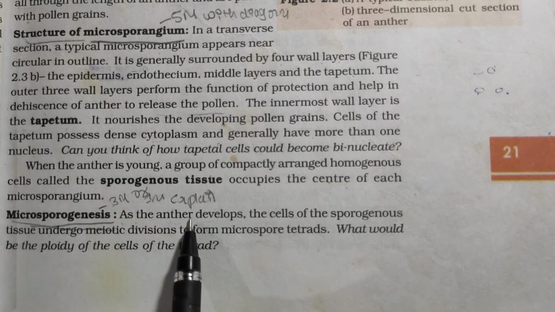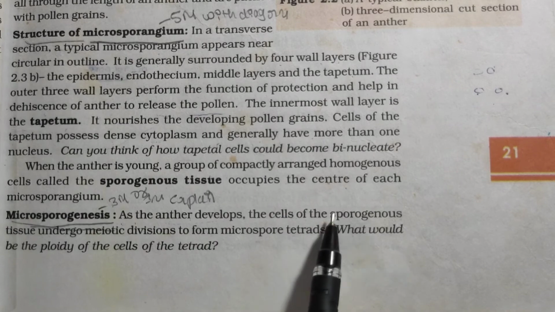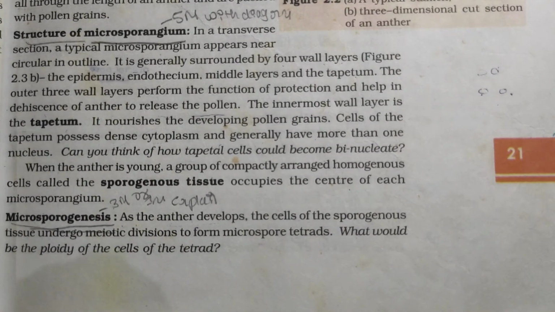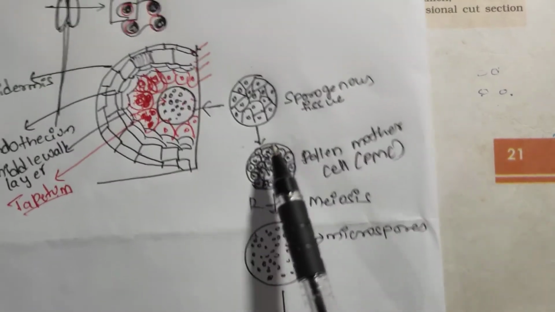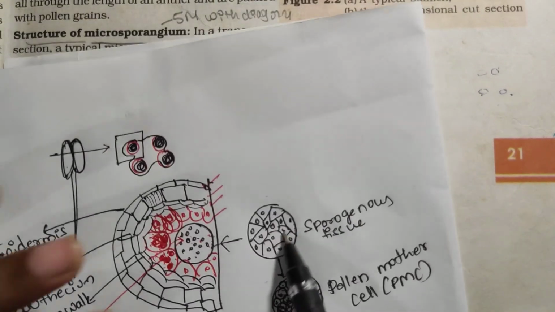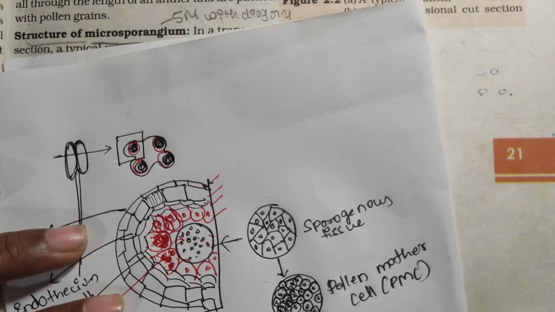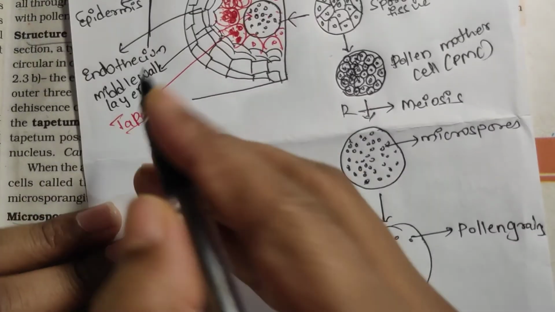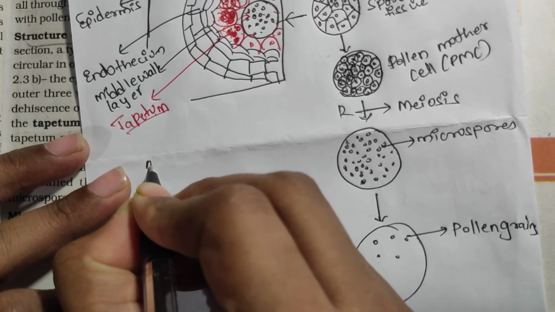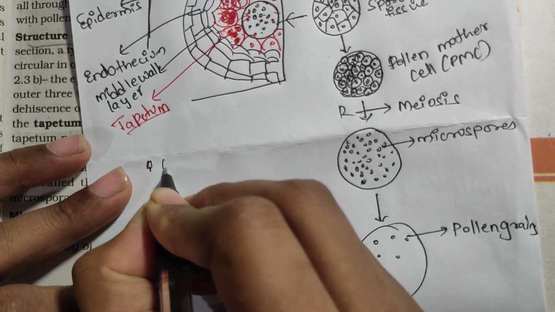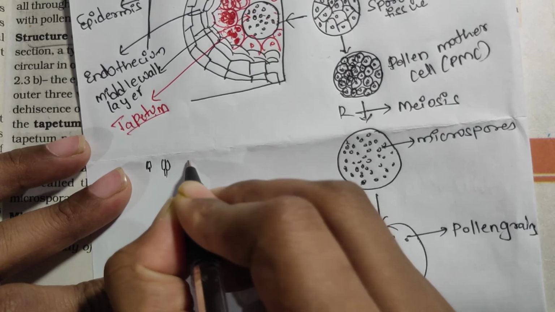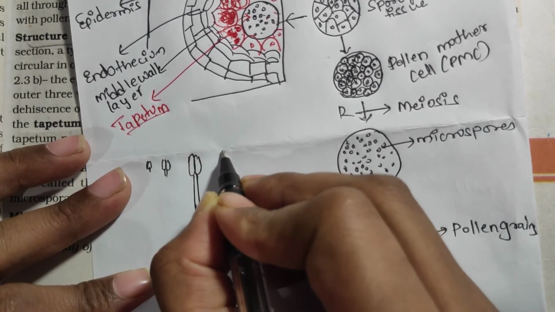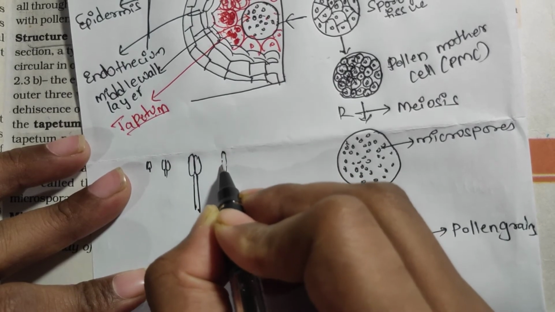As the anther develops, the cells of this sporogenous tissue undergo meiotic division. As the anther is developing, the inner side tissue is appearing in this fashion, and the tissue keeps on changing. How is the anther going to develop? The initial stage anther will be in this fashion, and slowly when it matures, in this fashion, and when it is going to dehisce, it is going to rupture out.